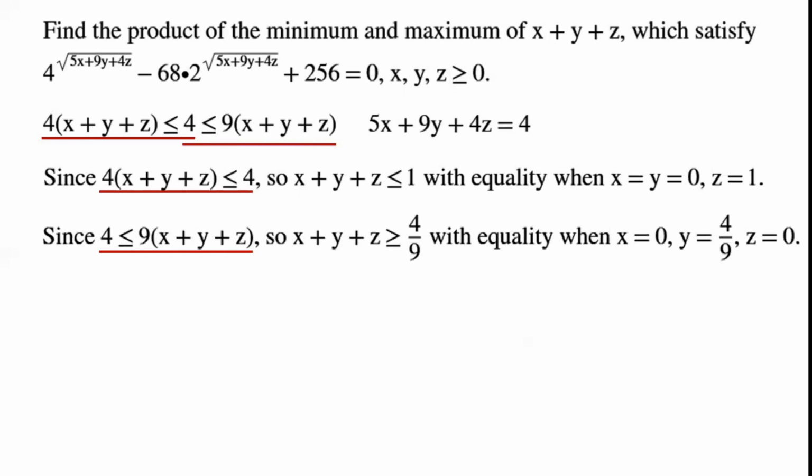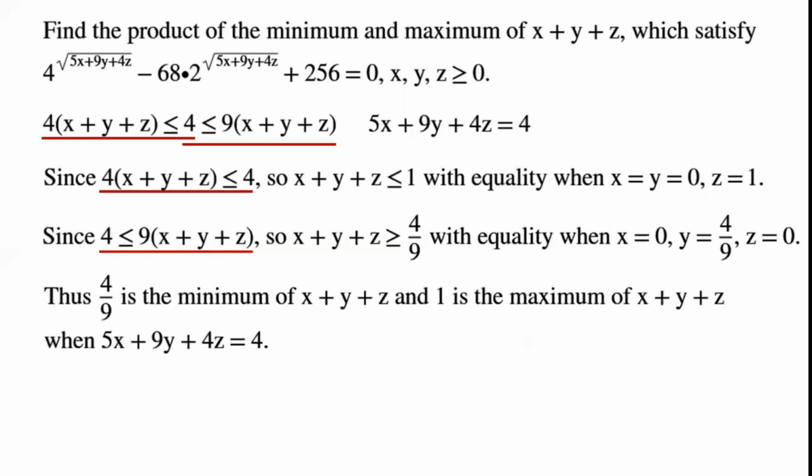Since 4 is less than or equal to 9 times (x plus y plus z), x plus y plus z is greater than or equal to 4/9, with equality when x equals 0, y equals 4/9, z equals 0.